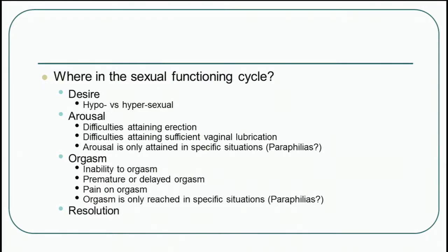Or if arousal is only attained in specific situations, in which case we may want to start considering paraphilias and further explore for specific paraphilias. When it comes to orgasm, we can ask about an inability to orgasm, premature or delayed orgasm, pain on orgasm, or once again, if orgasm is only reached in specific situations, which would make us consider paraphilias.